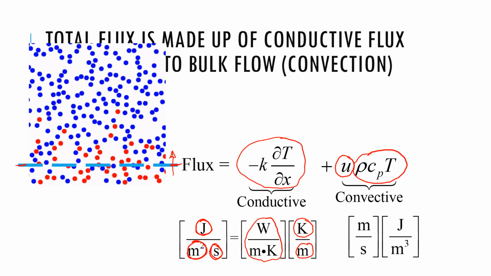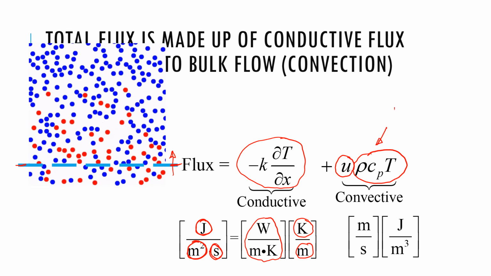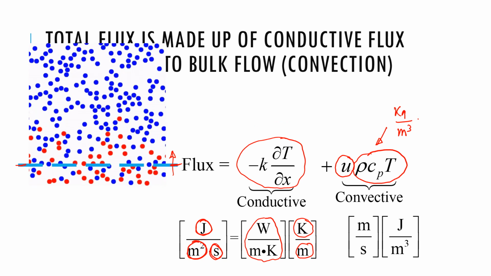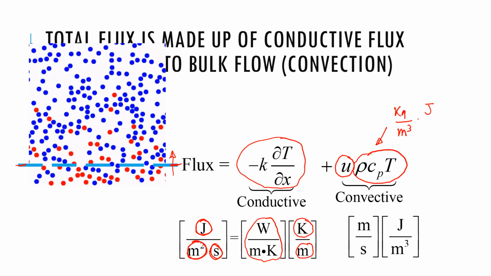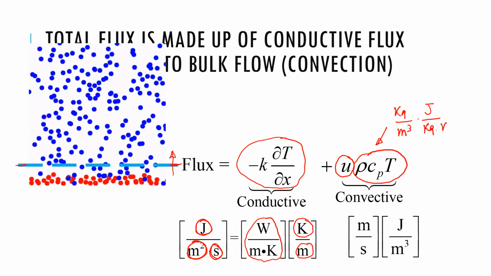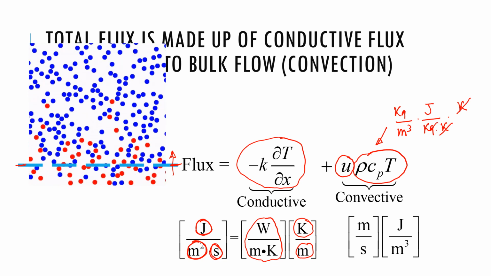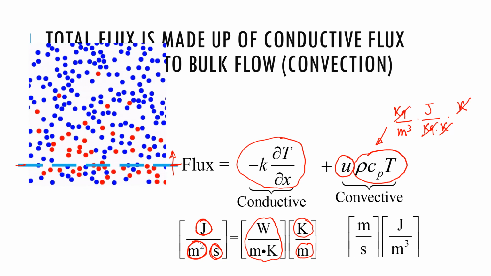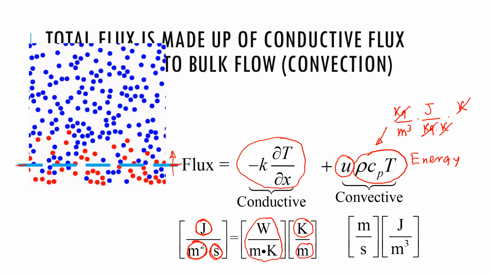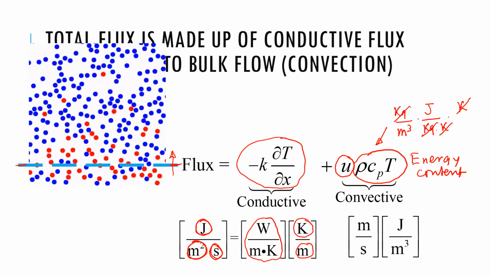So let's look at the units. Rho Cp T: density is kilograms per meter cube, and Cp, specific heat, is joules per kilogram per degrees Kelvin, times degrees Kelvin. So we cross out these and we get joules per meter cube. This is the energy content, and this energy content is simply moving due to bulk flow.